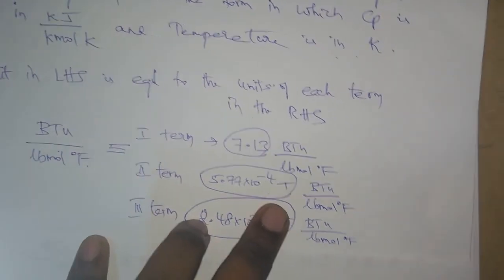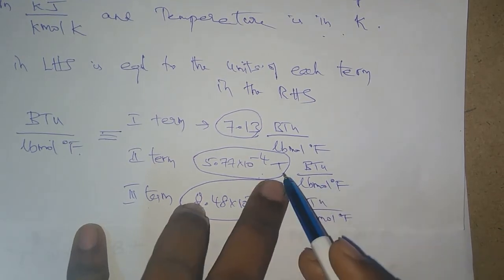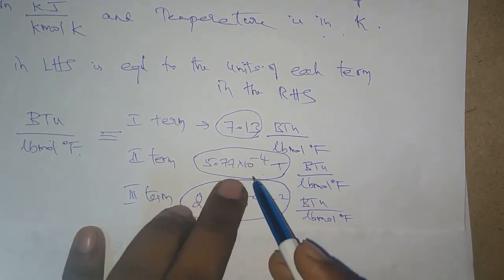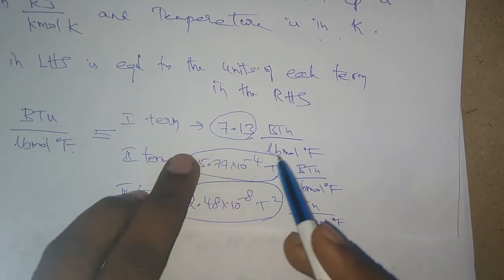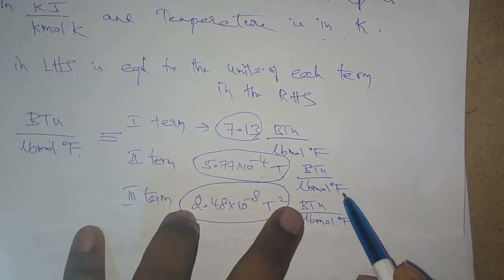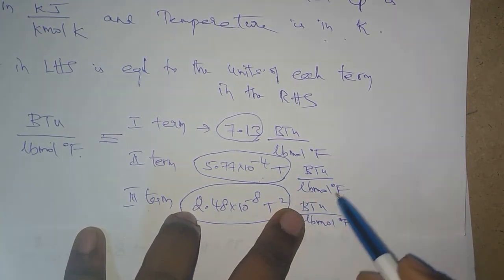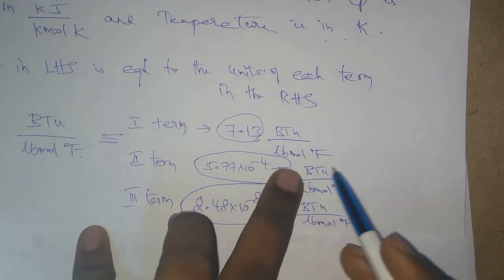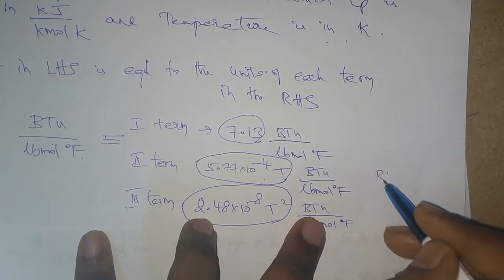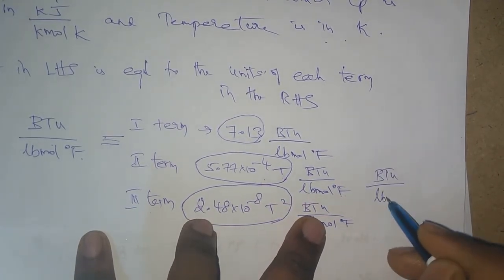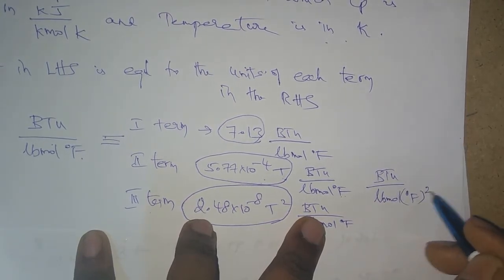After T gets cancelled, what will be the unit? When we multiply by T, the unit of the total term is BTU per pound mole degree Fahrenheit. That means 1 degree Fahrenheit gets cancelled, and then we get the final unit. So the unit of the constant is BTU per pound mole degree Fahrenheit square.